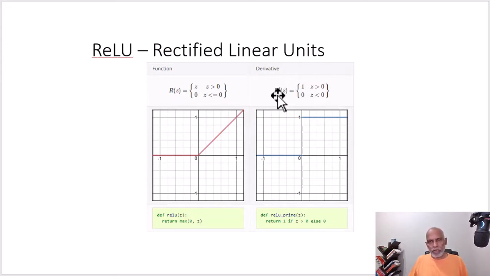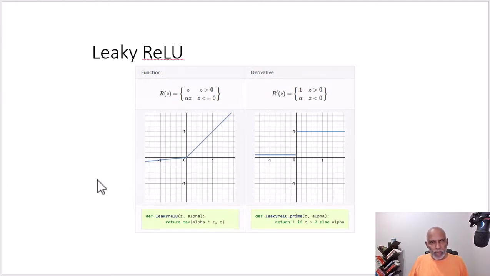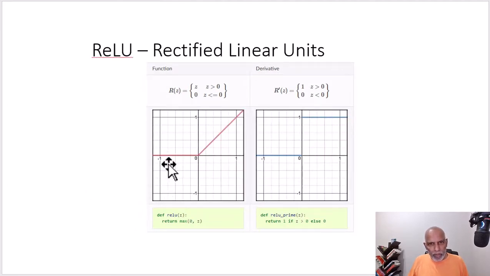The rectified linear function maps all negative values coming out of the sum product to 0, and all positive values are taken as identity.